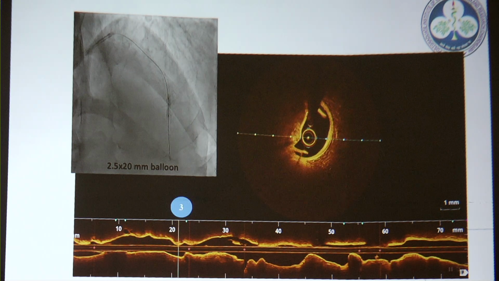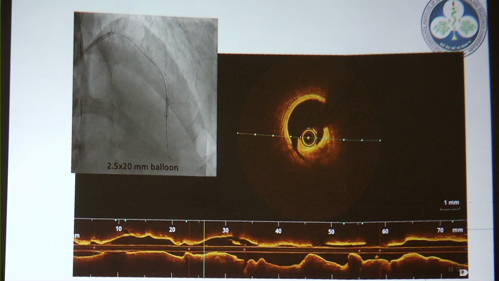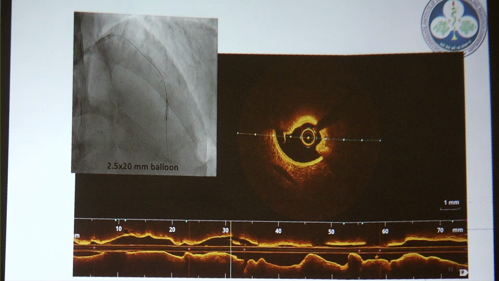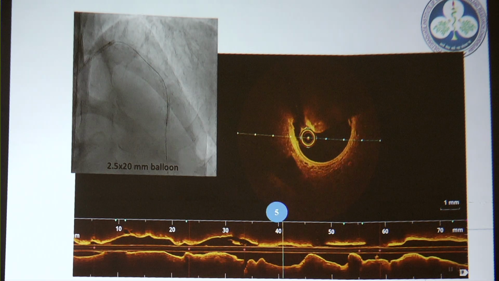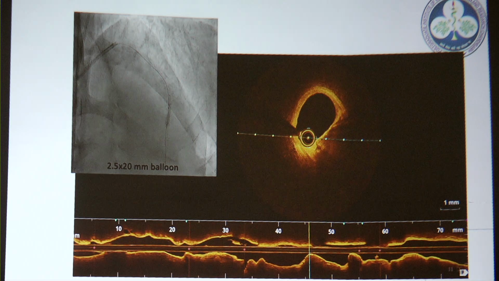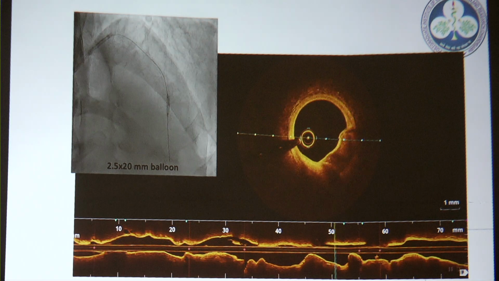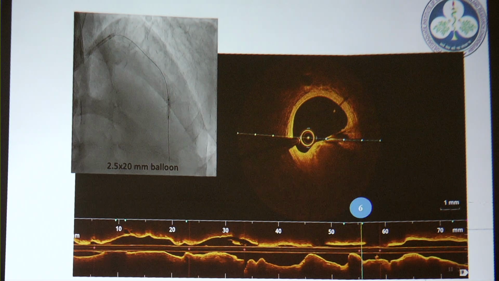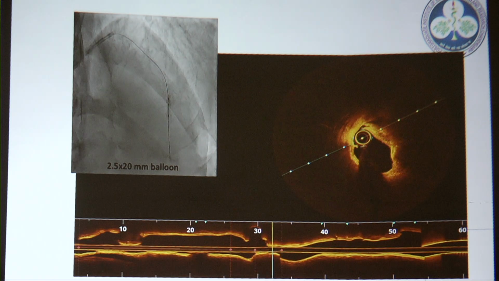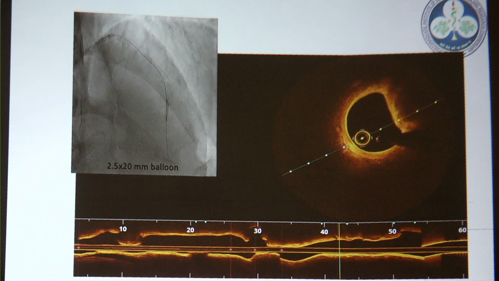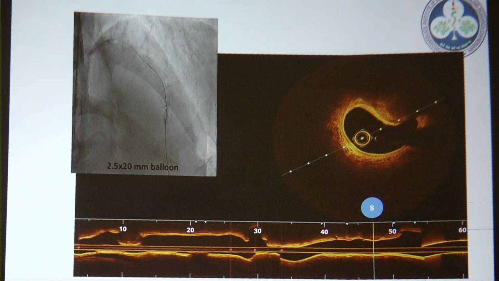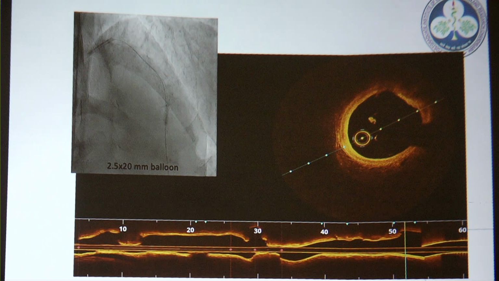So how many calcified nodules are there? This is the number which is coming over. You can very well have a look. So this is what the OCT is.